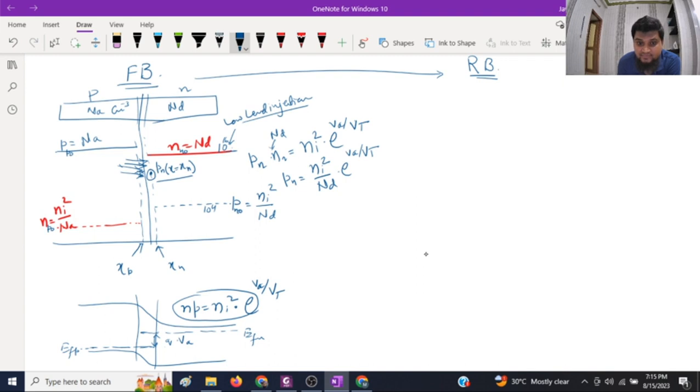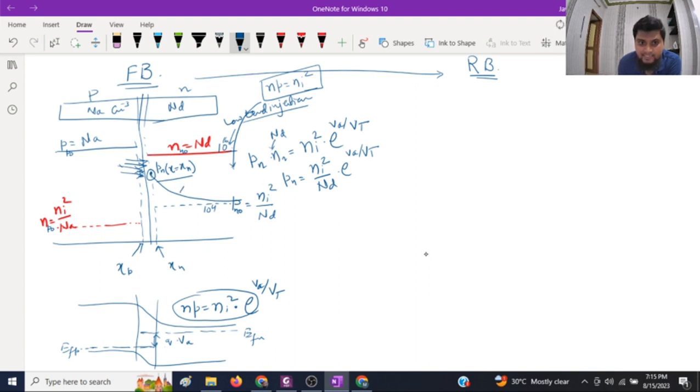Because there is no electric field on this side, and hence now on this side the mass action law, that is Np is equal to Ni square, will try to be maintained, and that's why there will be a lot of recombination, and because of that it will reduce exponentially as you go inside the N region.